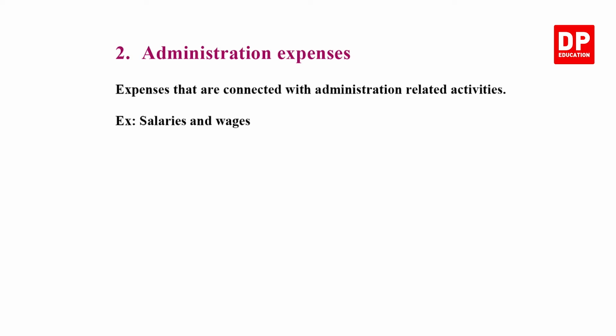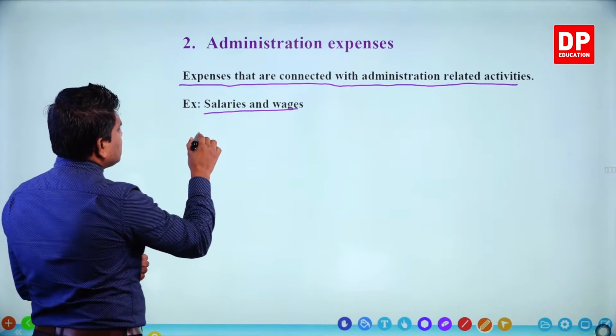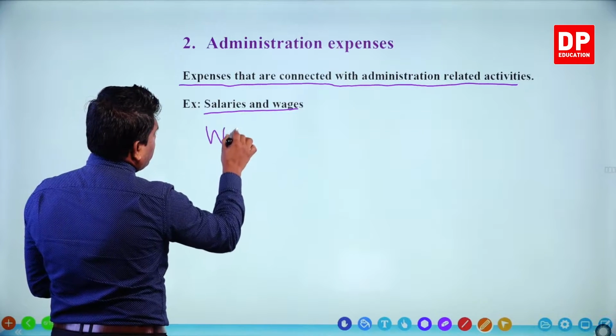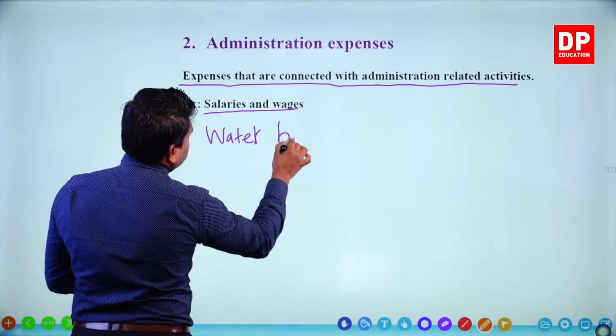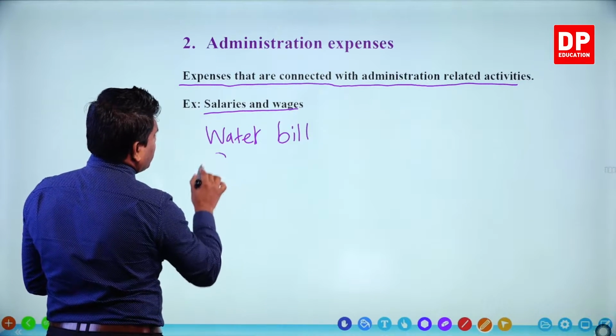Then the next one, administration expenses. They are expenses connected with administration related activities: salaries and wages, water bill, electricity bill.